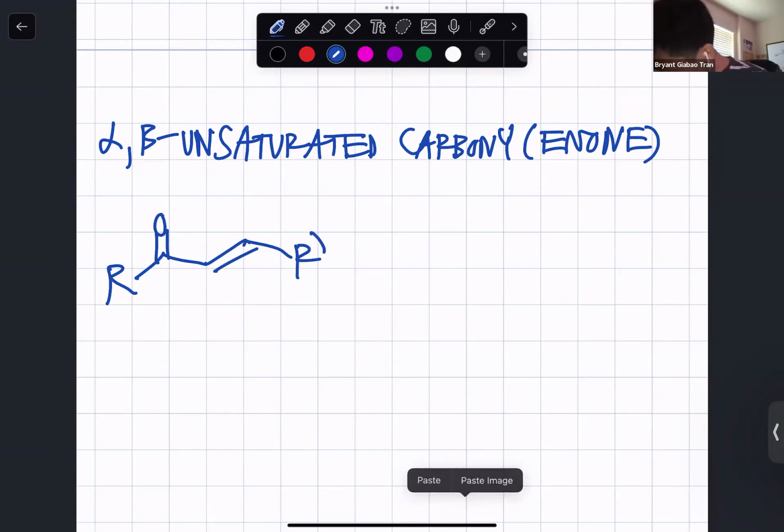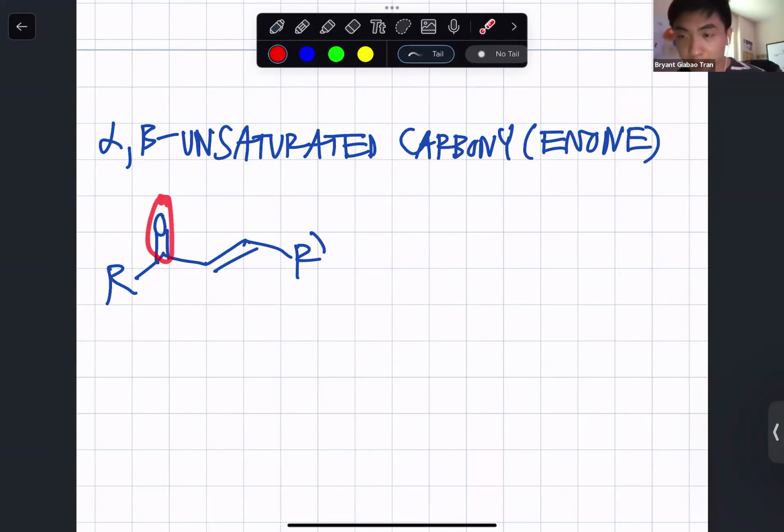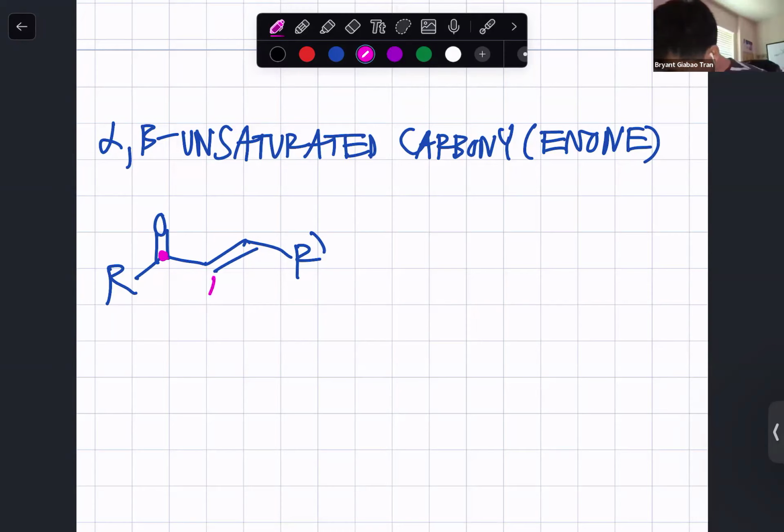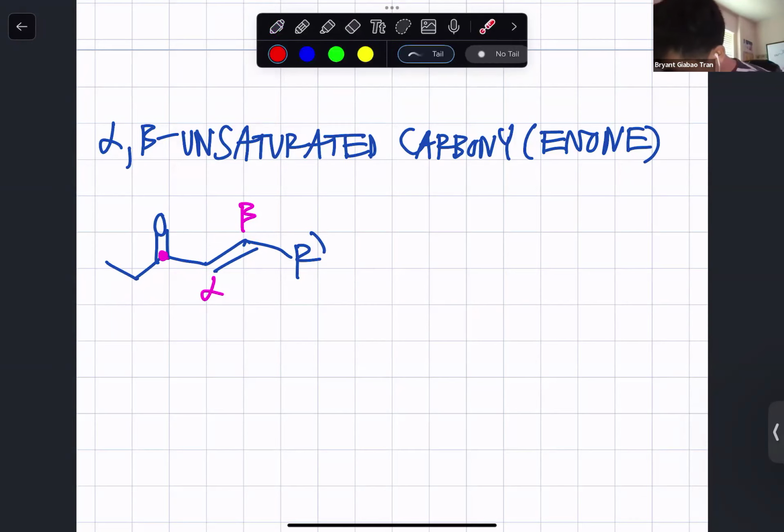This is our carbonyl, the carbon double bonded to oxygen. That first carbon is the carbonyl carbon. The carbon away is the alpha carbon. This is the beta carbon. If you have another carbon coming out like that, it's still technically an alpha carbon, but we're interested in the alpha carbon that has the double bond.